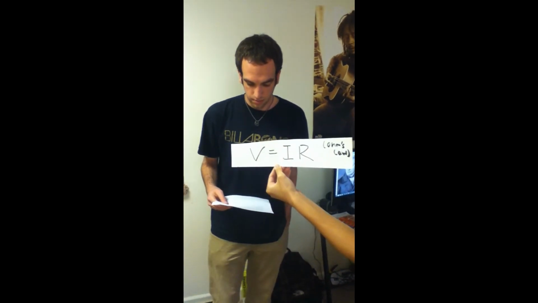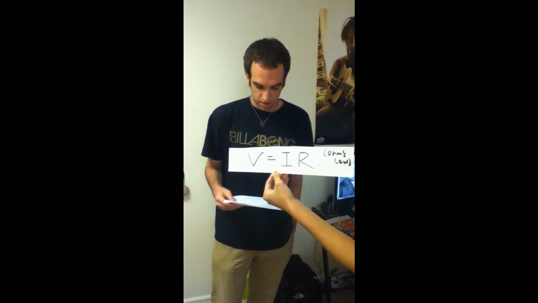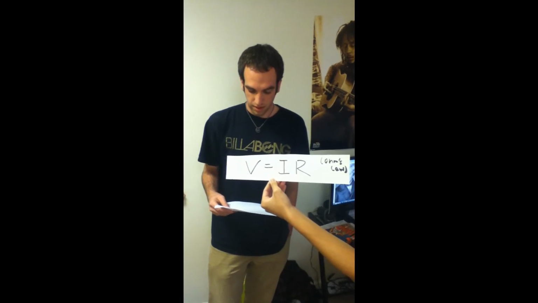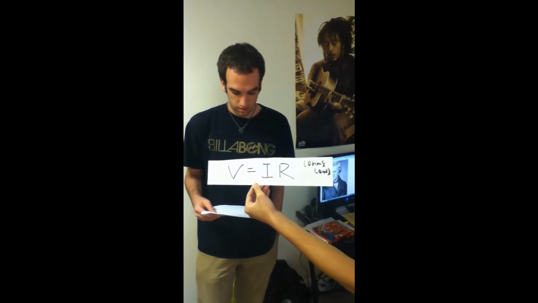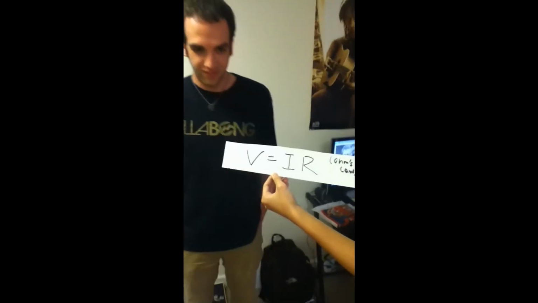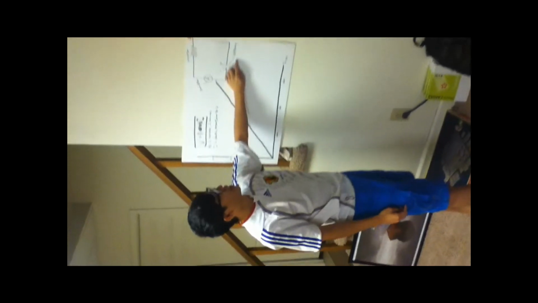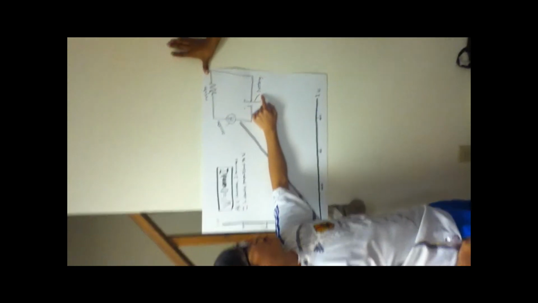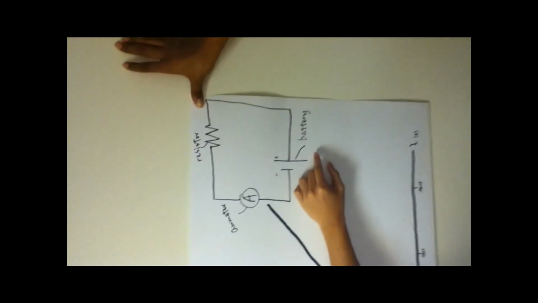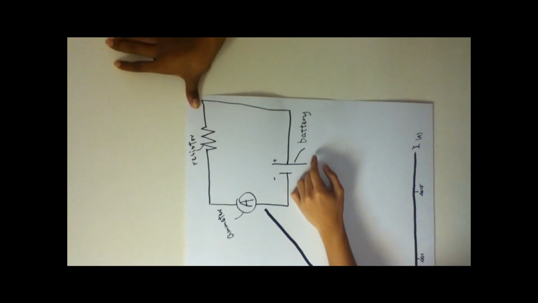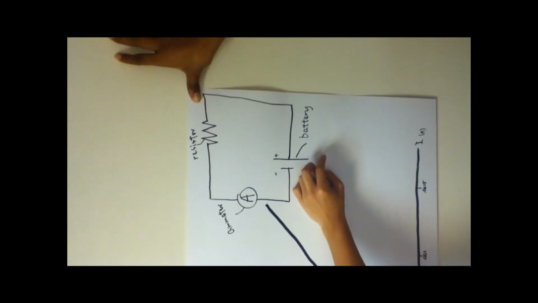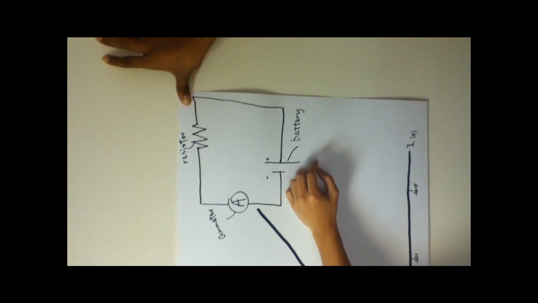We did an experiment to prove Ohm's law. Our setup consists of a resistor, batteries, and also an ammeter to measure current. So this is our setup. At first, we connect a battery to the circuit, which provides voltage to make the electrons move.